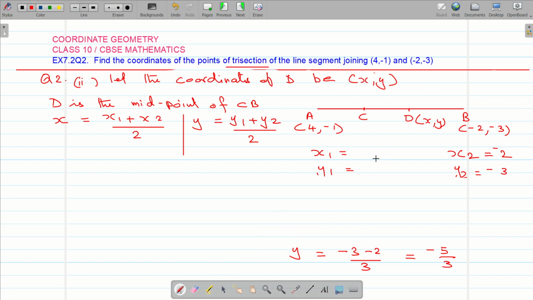The coordinates of C are 2 comma minus 5 by 3. So x1 is 2, y1 is minus 5 by 3, x2 is minus 2 and y2 is minus 3.